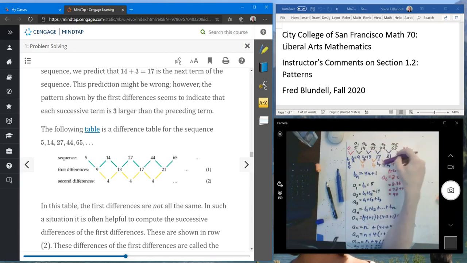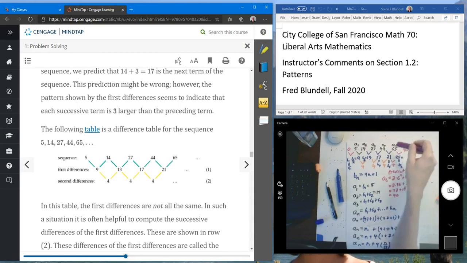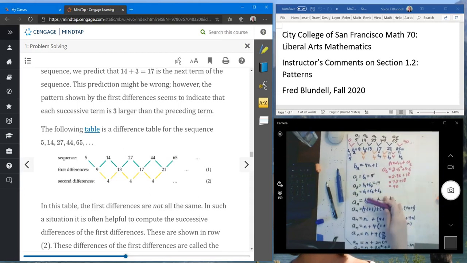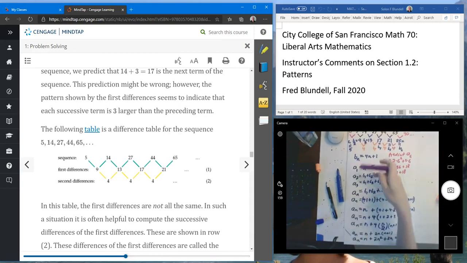But you do those differences, and then you use what we learned about the first order tables to get a formula for the middle row. And then once you got a formula for the middle row, we've got a procedure here. You can go back and review it or write it down, work through it yourself.